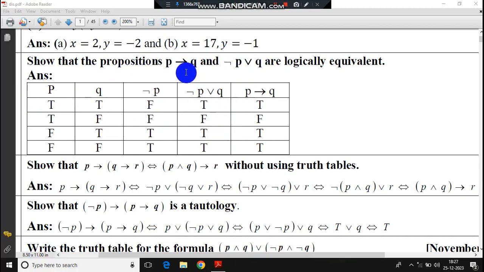Therefore the two statements are logically equivalent. Two logical statements are equal if their truth values are equal for all combinations. That is what we are seeing here. Okay, thank you.